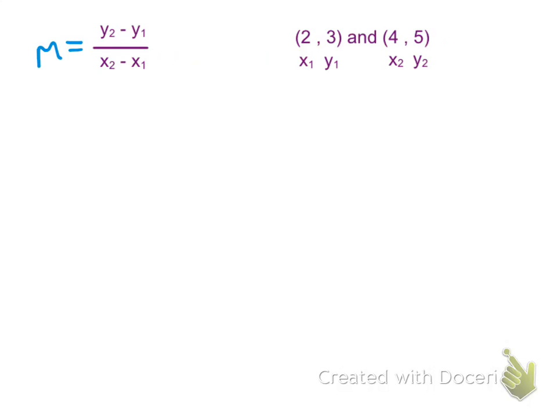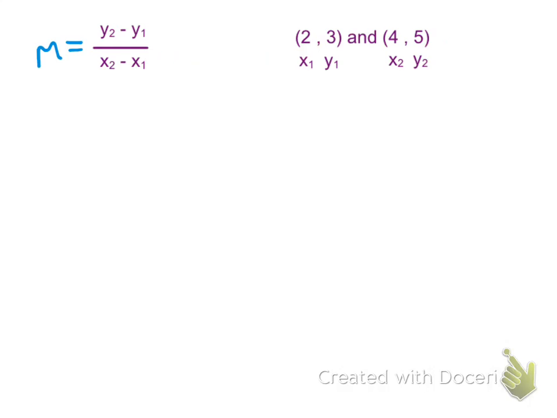So my 2 is x1, therefore my 3 has to be y1. The 4 becomes my x2 value, and 5 becomes my y2 value. The order does not matter for this as long as my ordered pair is assigned the same value.